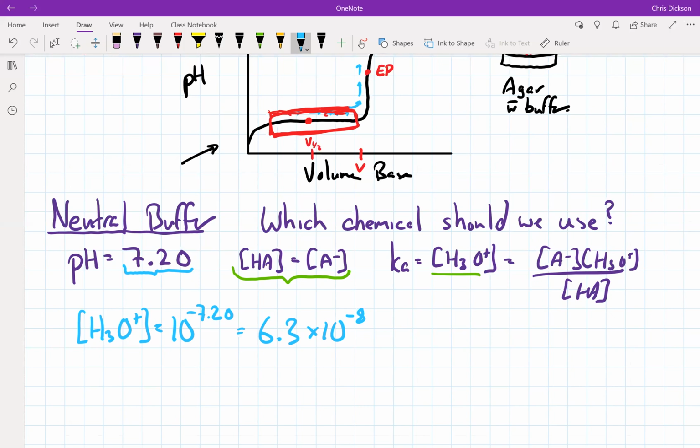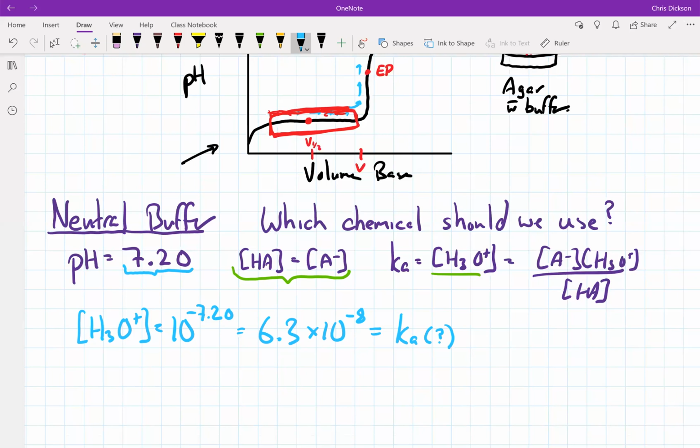Well, if I want the hydronium concentration to be 6.3 times 10 to the minus 8, then ideally I'd pick a chemical that has a Ka value close to that value. And if I get a number close to 6.3 times 10 to the minus 8, Bob's your uncle, you should be able to find the acid that you want here.